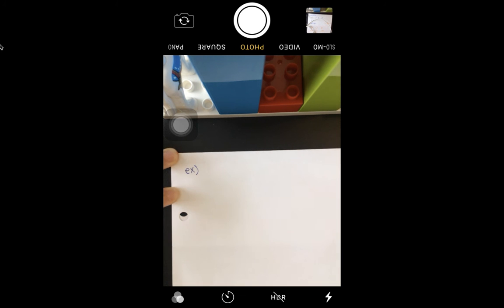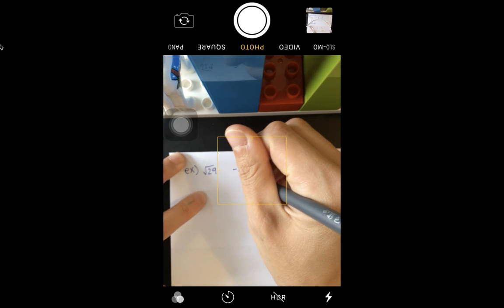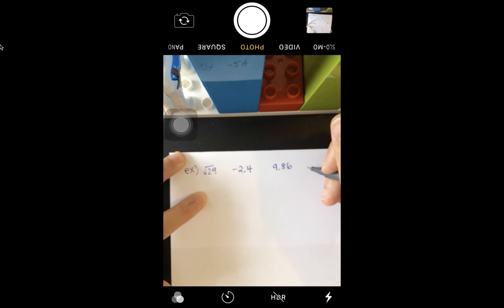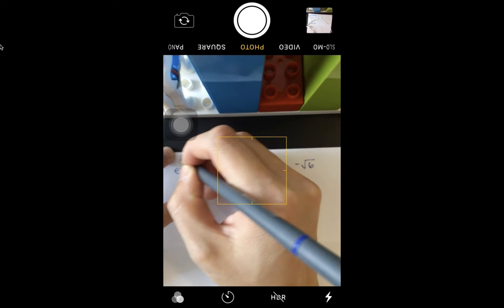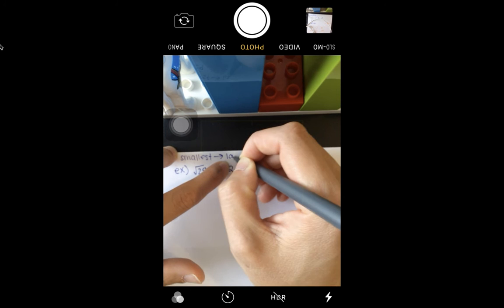Today is all about ordering numbers that are written in different ways. Let's say I have the square root of 29, negative 2.4, 9.86, and negative square root of 6. These are my four numbers, and the question is going to be to order them from, let's say, smallest to largest.